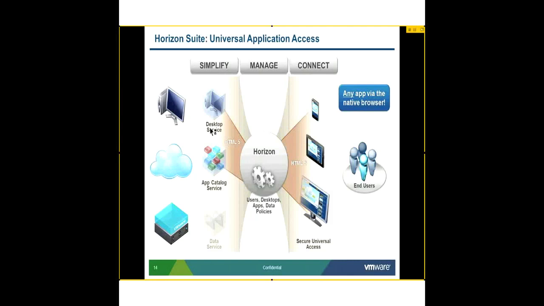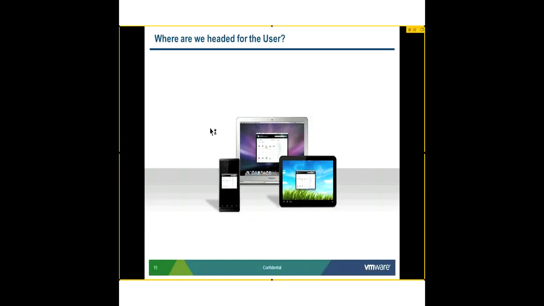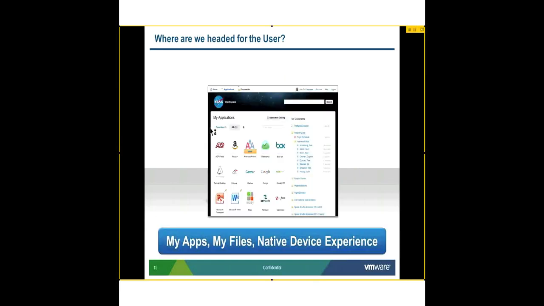So this lets you make that transition, keeping the Windows applications that you're dependent on and you know and love as we transition to that OS neutral world that we're moving toward. So the idea here is that the end user is going to have a consistent experience no matter what device they're using, whether it's a Windows PC or a Macintosh or an iPad or an iPhone or an Android.